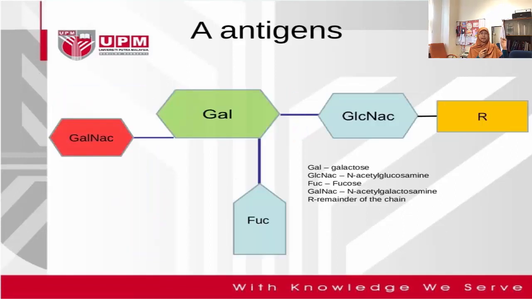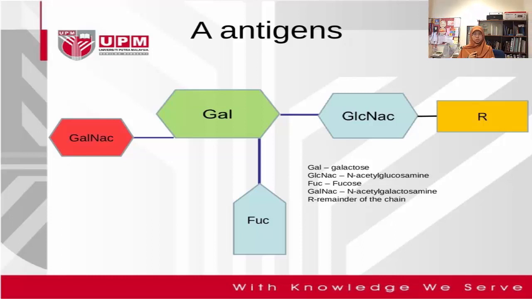When an individual has the A gene, this A gene will encode a specific transferase enzyme, and this enzyme will make N-acetyl galactosamine be added to the H substance, or H antigens. So this will convert the H antigen to A antigen.